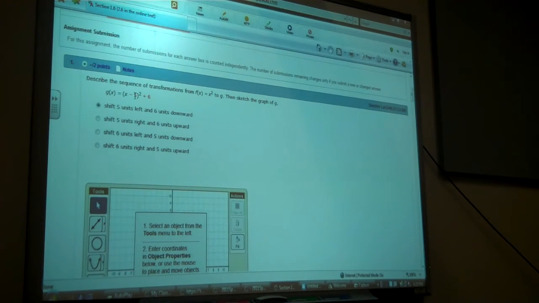Hold on, wait. 5 units to the right, 6 units up. This is a shift to the right. This is a shift up. Go back to the notes. Verify.